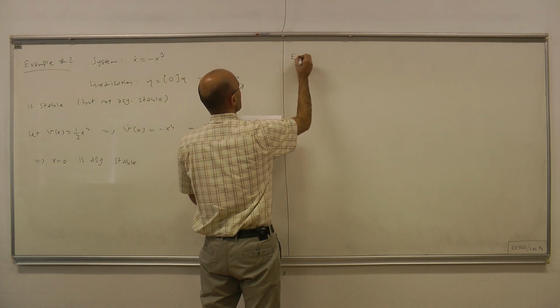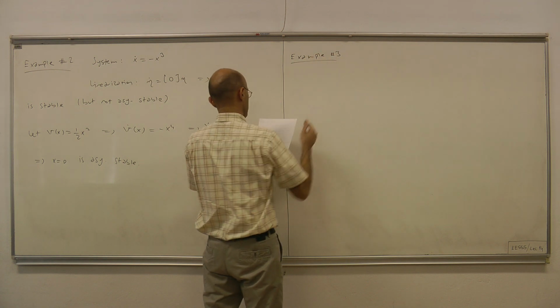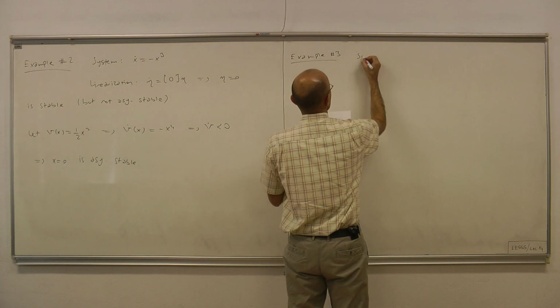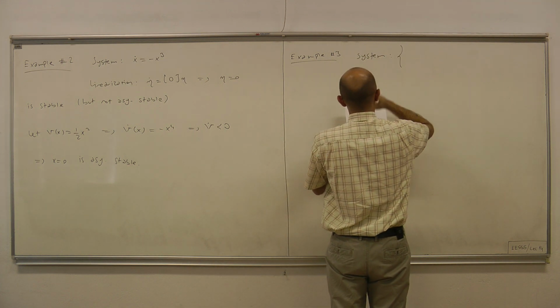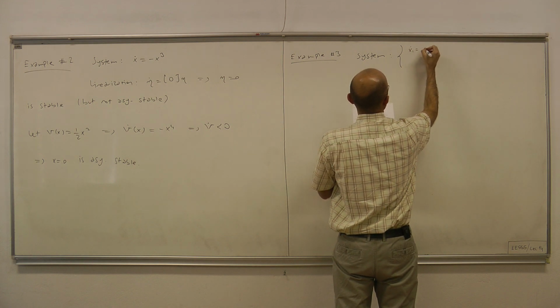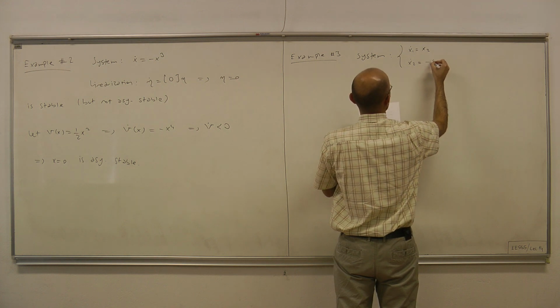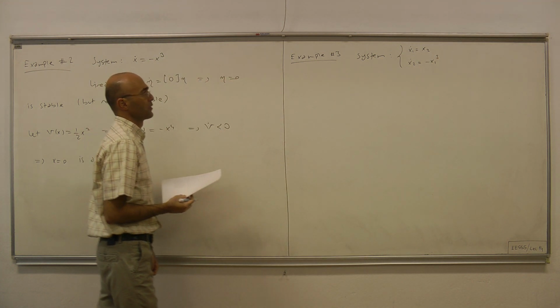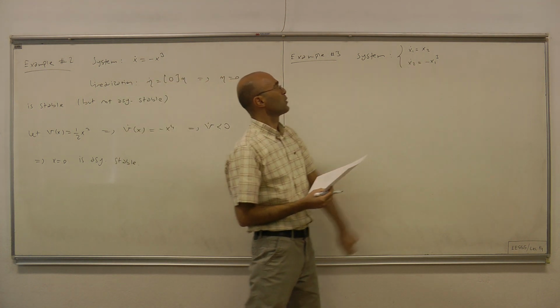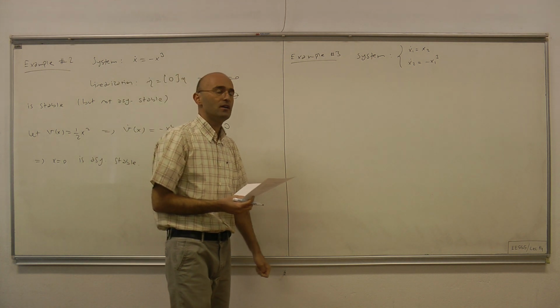Okay, for example 3, a second order system given as x1 dot equals x2 and x2 dot equals minus x1 cubed. Or you can write it directly as x1 double dot plus x1 cubed equals 0.